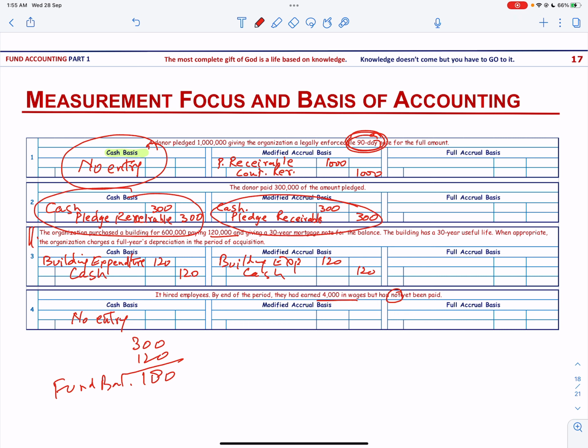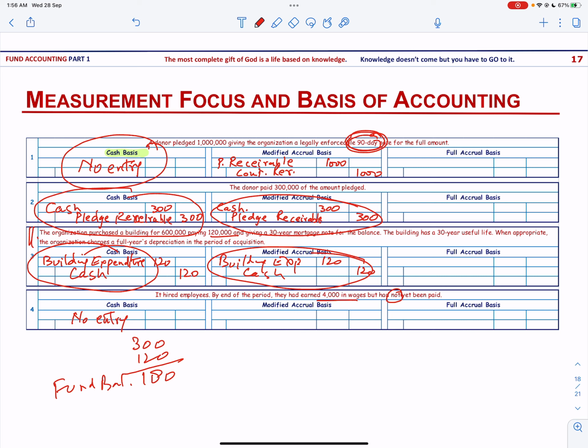And when there is a current expenditure, that is also recorded. So again the journal entry under the cash basis and the modified accrual basis is the same. We go for the 4th one, and under the 4th transaction, it had employees. By the end of the period they have earned 400 in wages but have not yet been paid.